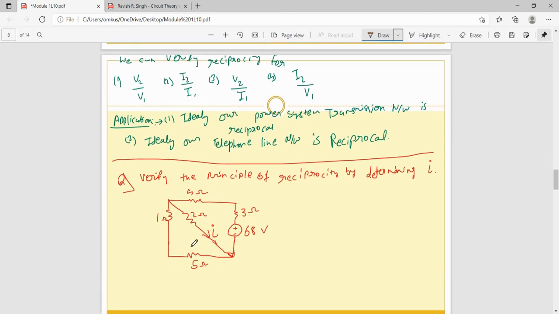Now, what is the application of this network? Ideally, our power system transmission network is reciprocal.